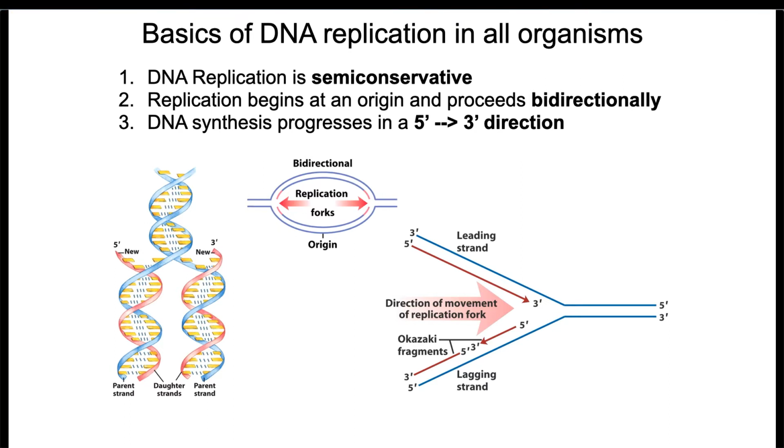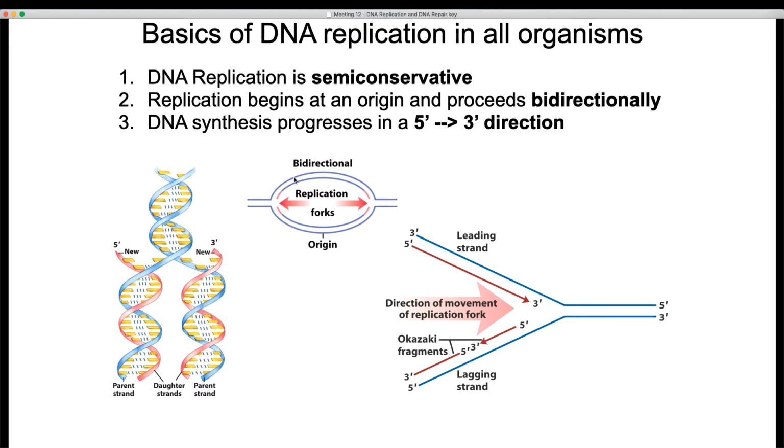The production of DNA replication here is bidirectional. So we start at a place called an origin of replication, and the two strands of DNA are replicated in both directions. And so we have what are called two replication forks that make up a replication bubble.